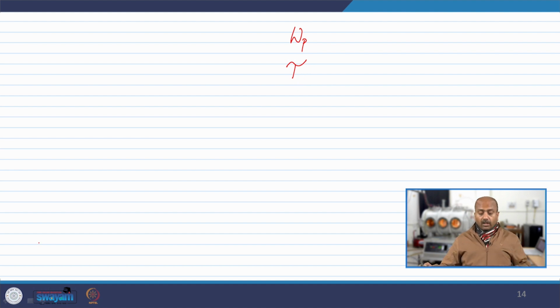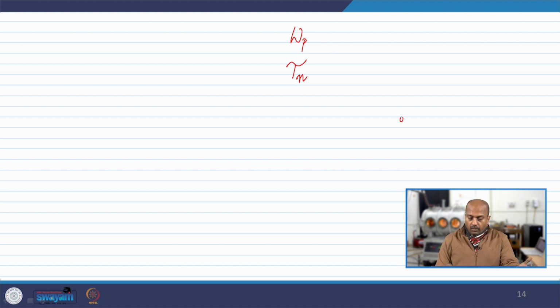This is not directly related to the plasma frequency. Listen to this carefully. ωp is the characteristic frequency which tells you that oscillations are there and these oscillations are happening at this speed. Per second, these many oscillations are there. And we define τn, which is the mean free time between two collisions.